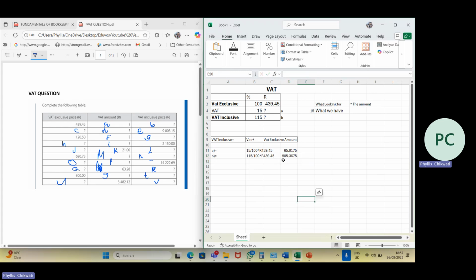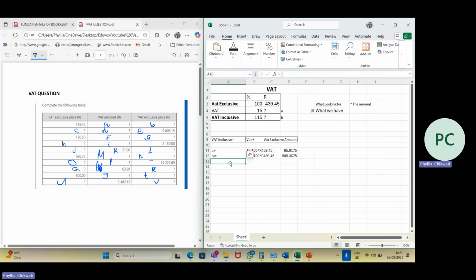I get 505.37. You can decide to put it to two decimal places or three decimal places, or else round it off to the nearest rand. I'm not going to do the round up today. So let me quickly round off to the nearest: 65.91.